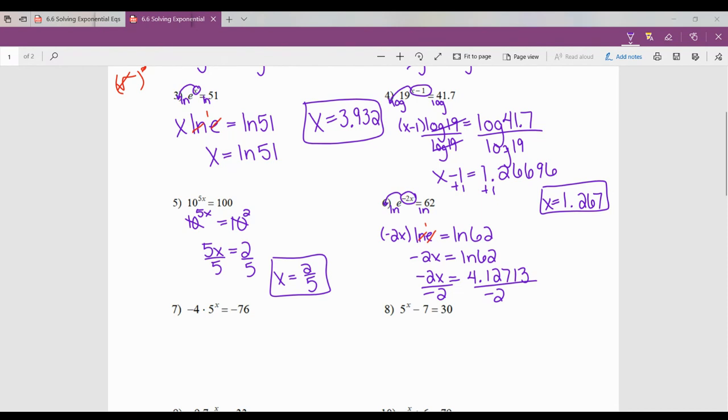And I get x equals, 3 decimal places, negative 2.064. Okay, because it was 0.635, so we round up to 0.64.